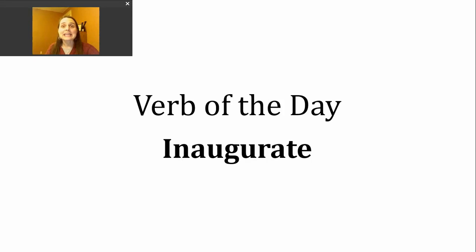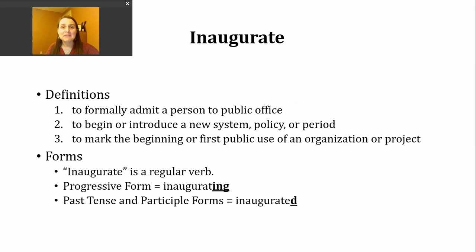Today's verb is inaugurate. Let's take a look at some of the definitions or ways that you might hear this verb used. The first way you might hear this verb used is to mean to formally admit a person to public office.